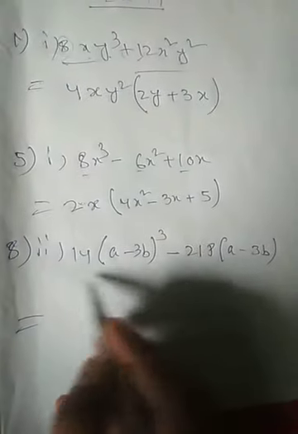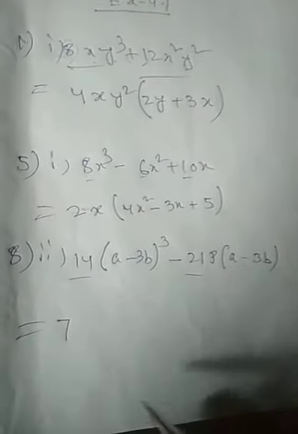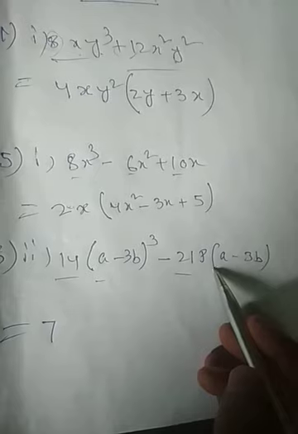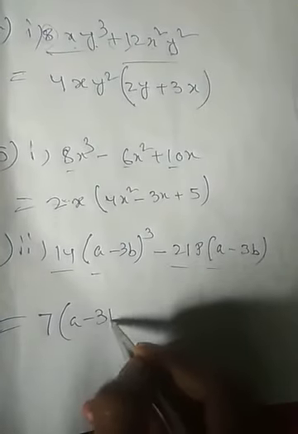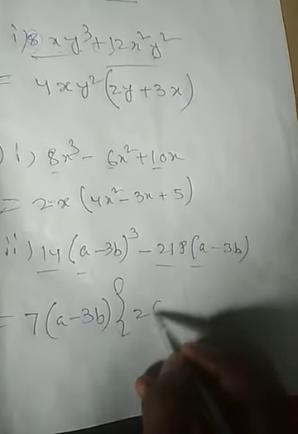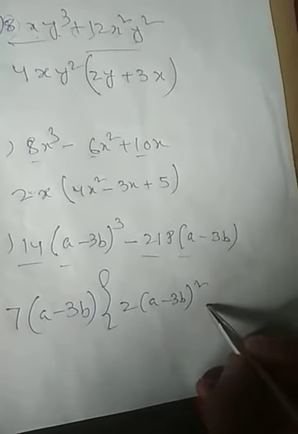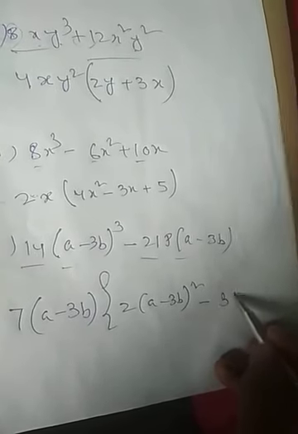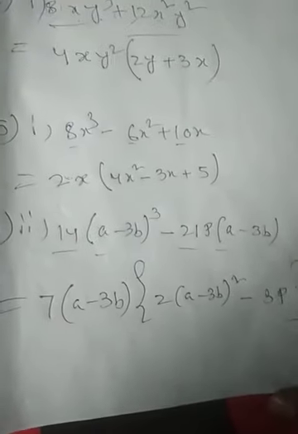Okay, what is common in both 14 and 21? Common is 7. a minus 3b whole cube, a minus 3b, so a minus 3b is common. So what is left here? 2 into a minus 3b square, and here is left 3p. That is the answer.